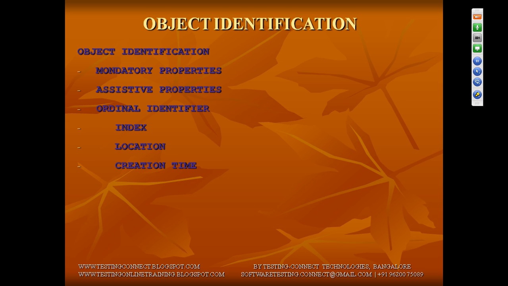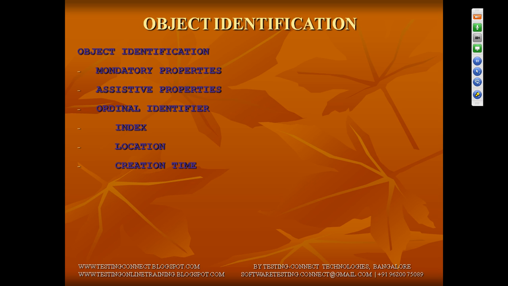There is no concept like creation type in WinRunner. In SilkTest, you will come across tag and multi-tag. Tag is nothing but a single property. Multi-tag is nothing but multiple properties.